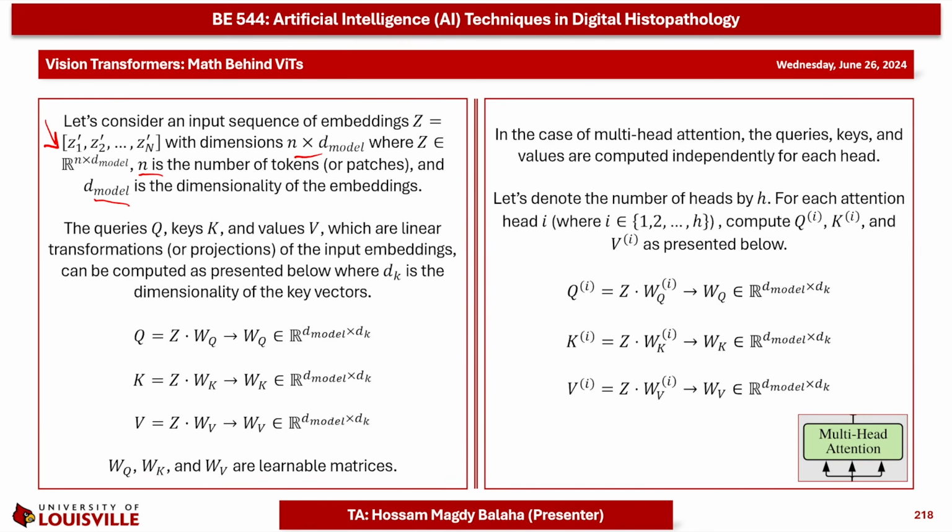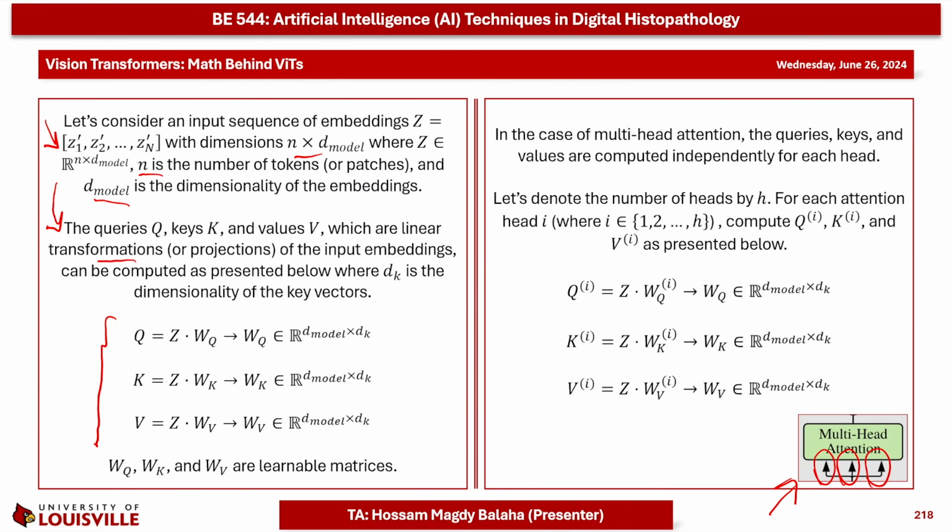Then the queries Q, keys K, and values V, which represent the linear transformations or projections of the input embeddings, can be computed as presented below. And Q, K, and V are the inputs to the multi-head attention. If you notice here, there are 3 inputs, which represent the queries, keys, and values.